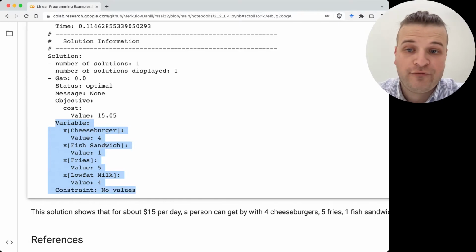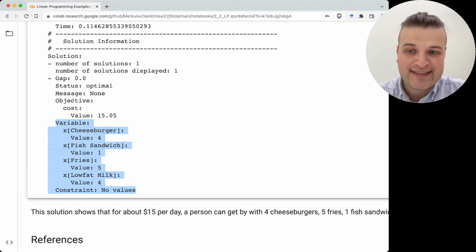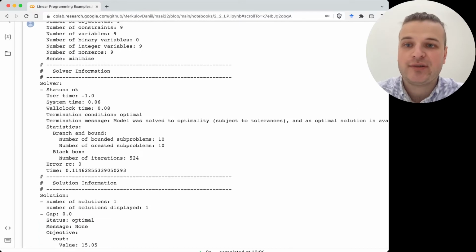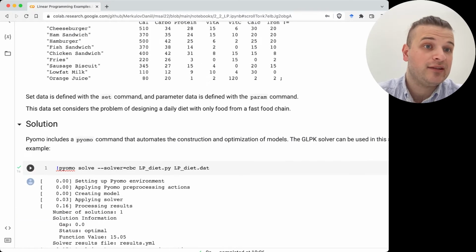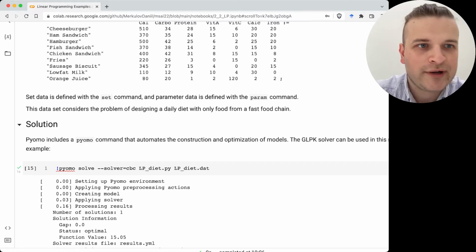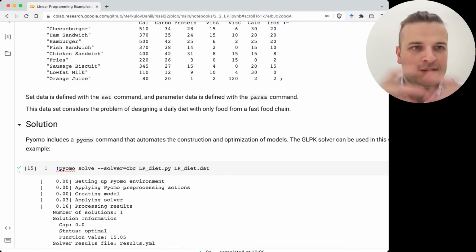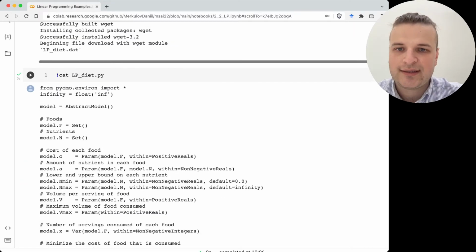We have 4 cheeseburgers, 1 fish sandwich, 5 fries, and 4 low-fat milks. And actually, what's interesting here is that despite the fact that we didn't explicitly want our variables to be integer, in our program we specified it. And let's take a look.